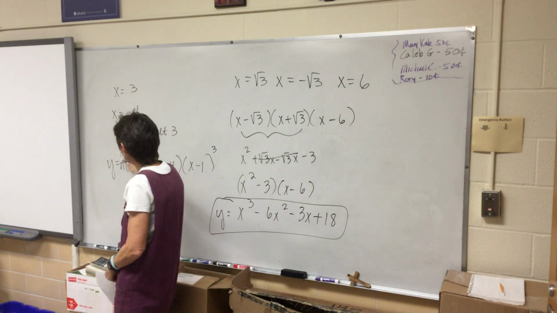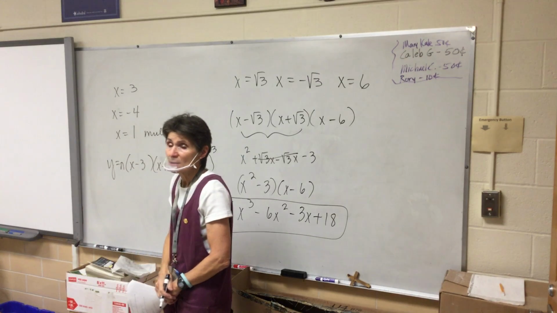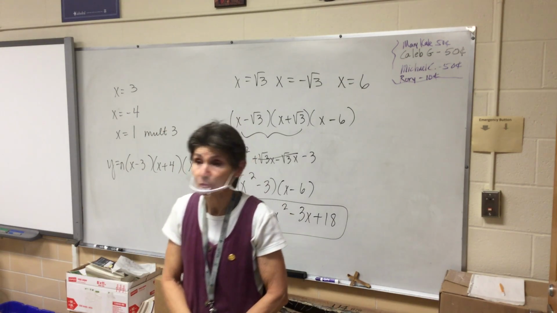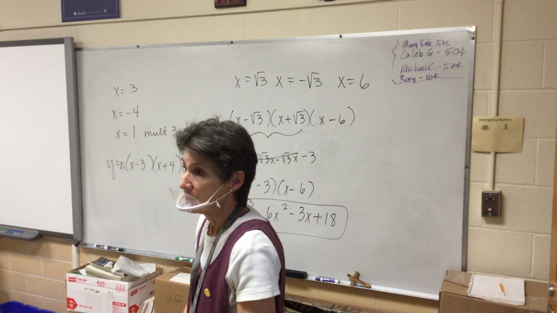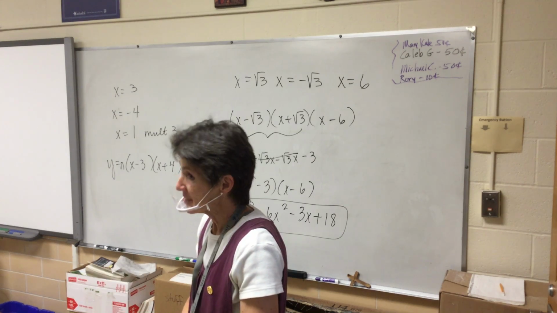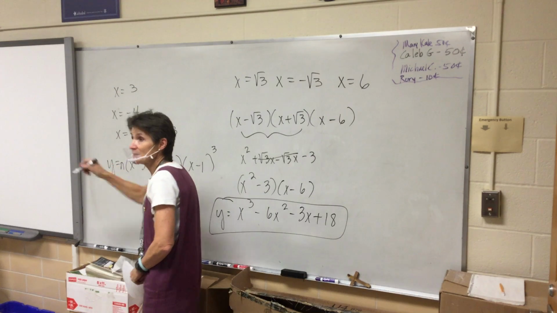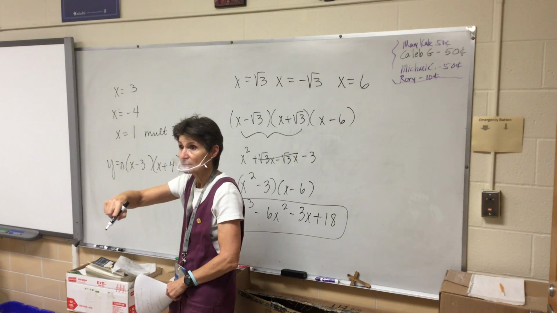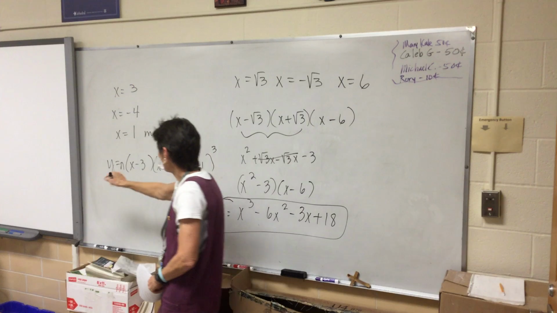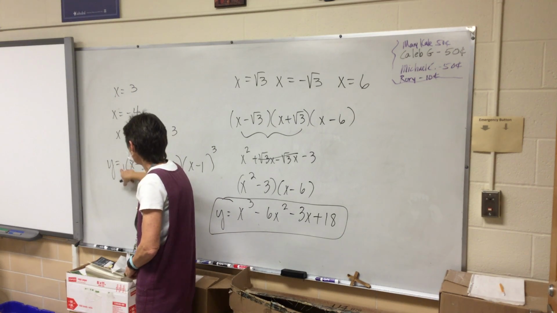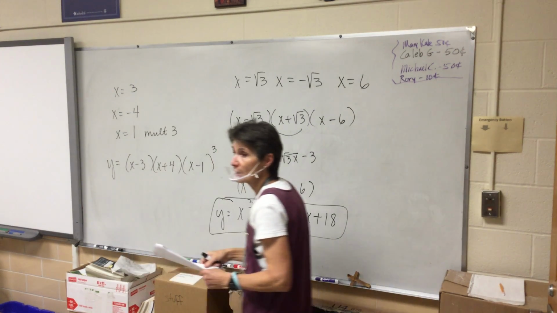But at this point, I don't know what that is because they didn't give me any other points on the curve. In the future, if they give me an extra point on the curve, then I'll have to plug it in just like you did on your quiz and find out what that coefficient is. Right now I can't because I don't know enough information.